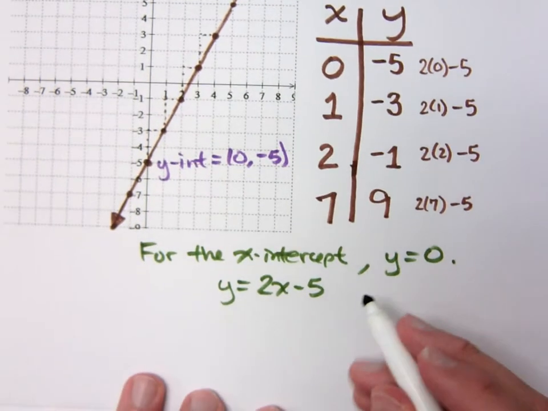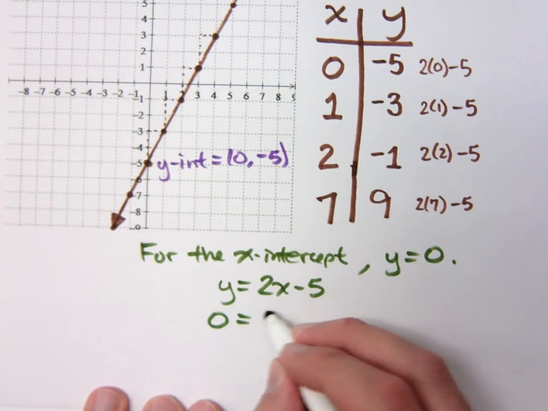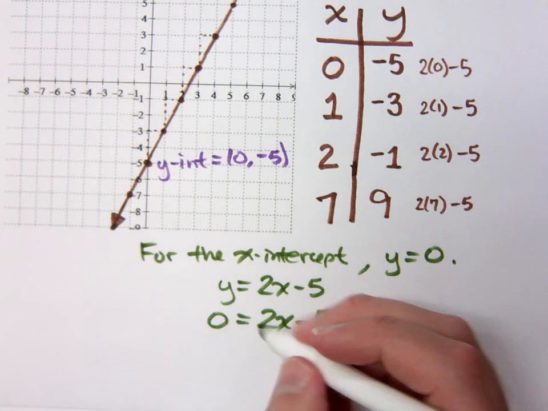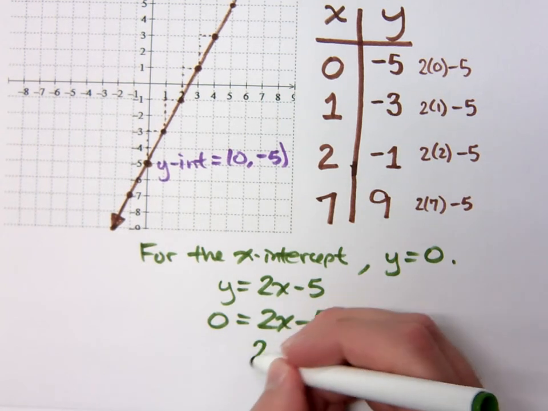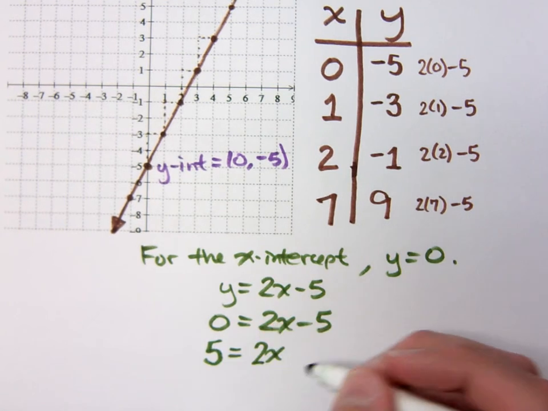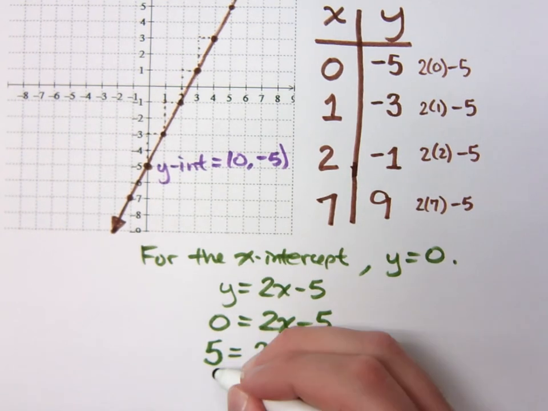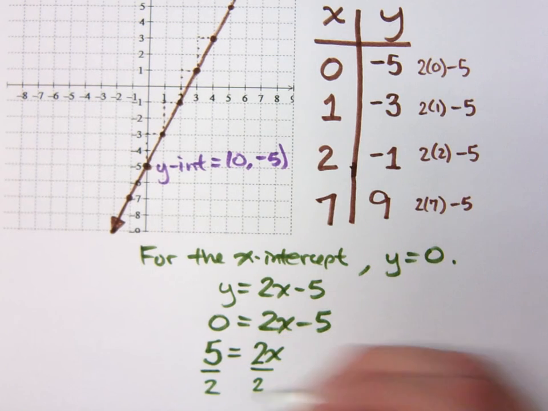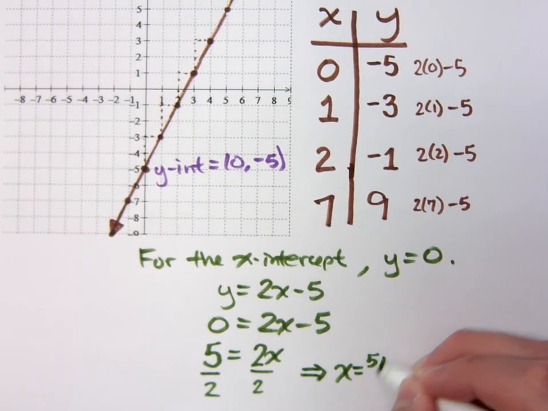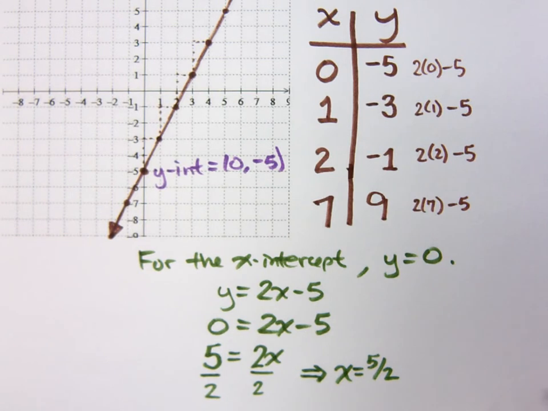So what are we saying? 0 equals 2x minus 5. Add the 5 to the other side, and you have 2x equals 5. Divide both sides by 2. So that means that x equals 5 halves, right?